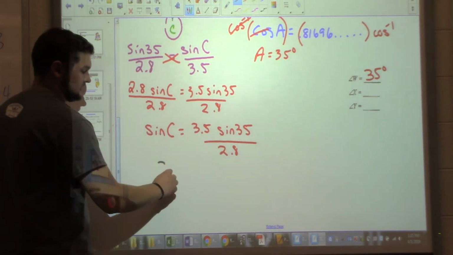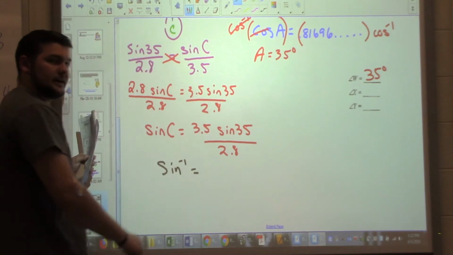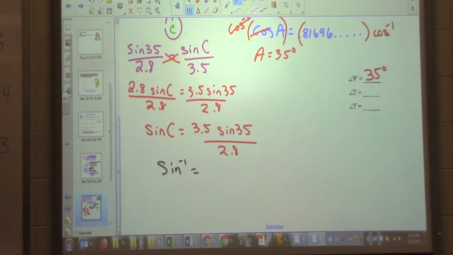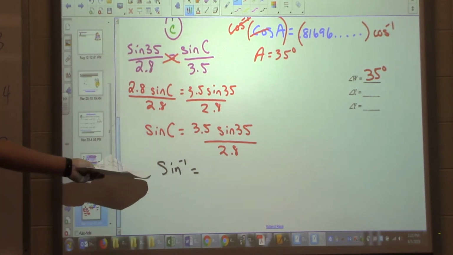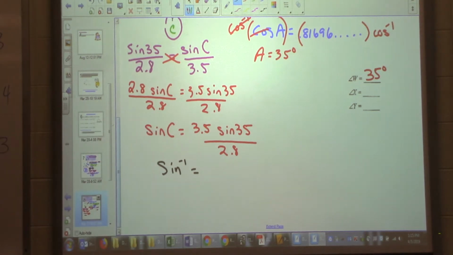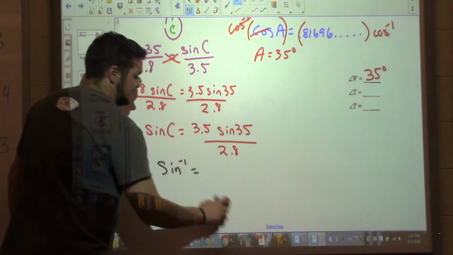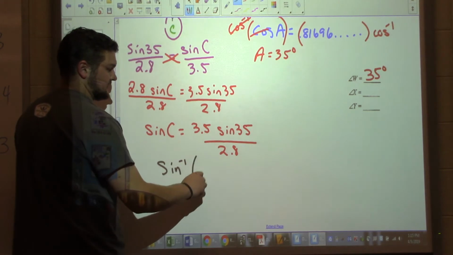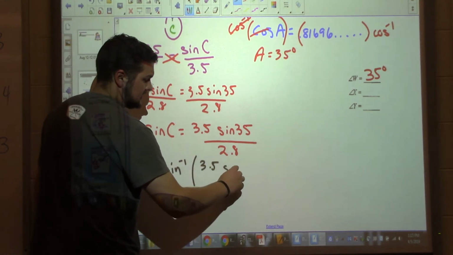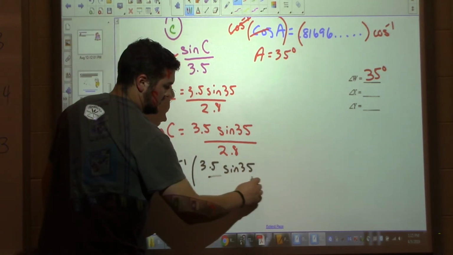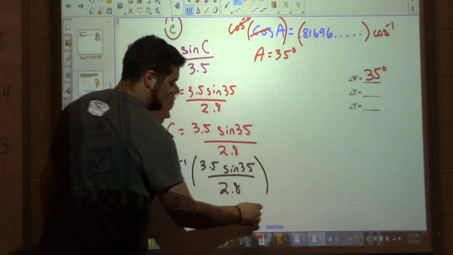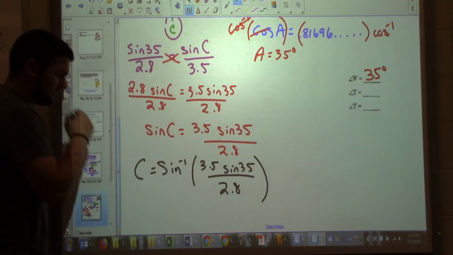Inverse, right? That's taking the inverse of both sides. Here, I'll just write it out. You guys look confused. So inverse sine of 3.5 times sine of 35 over 2.8 should give me angle C.